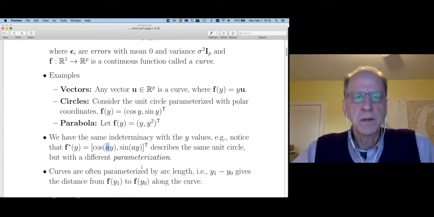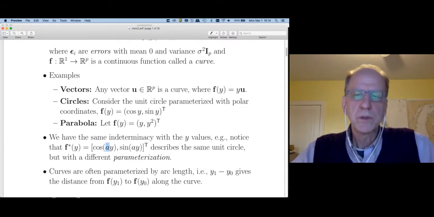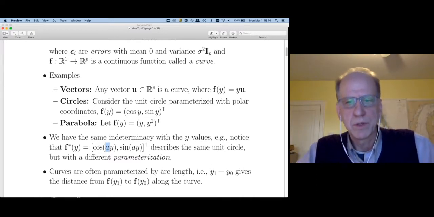In PCA, we resolved this problem to some extent by having a unit length vector. So assuming that our eigenvectors had unit length, we could do the same thing here by making sure that the curves are parameterized by arc length. So we still don't know which way we're going to go around the circle with this.